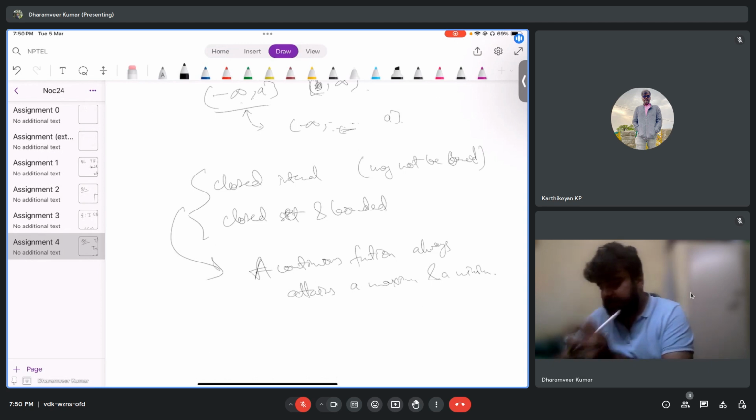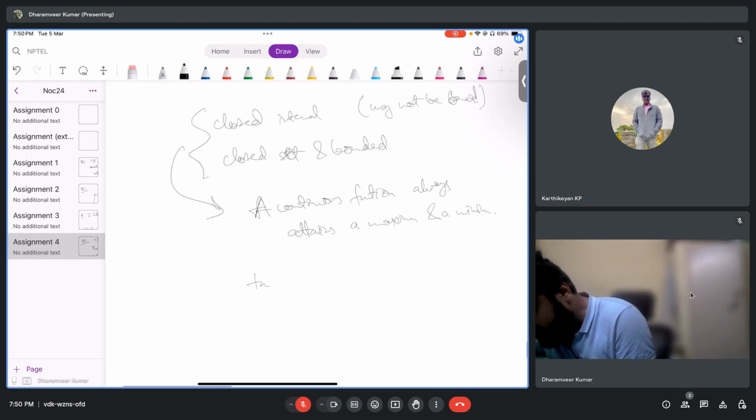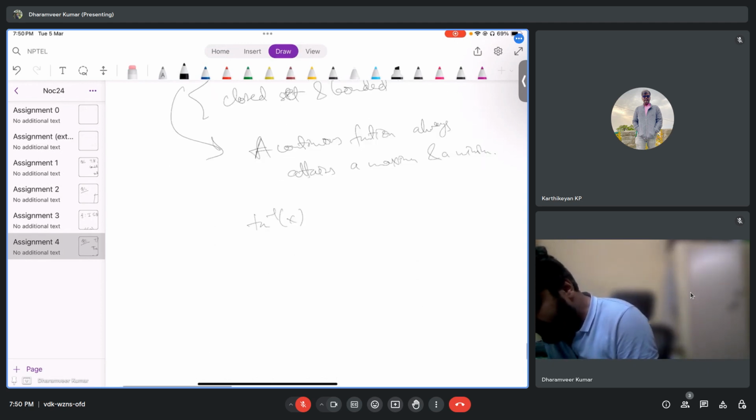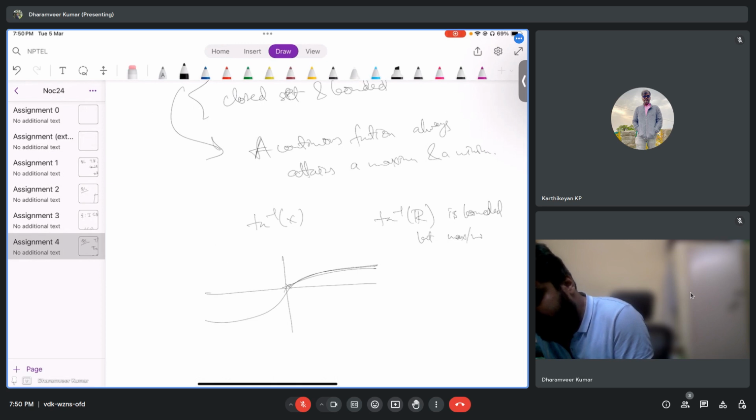For example, when we are doing tan inverse x, the graph goes like this, right? This is bounded. The range of tan inverse of R is bounded. But max and min are not achieved.